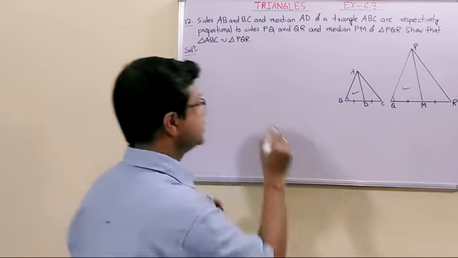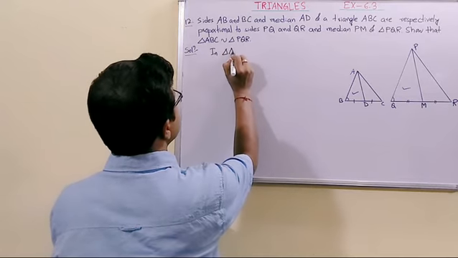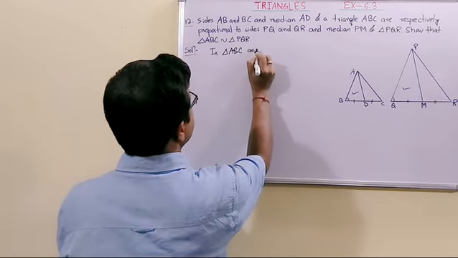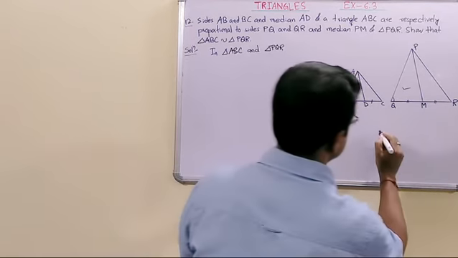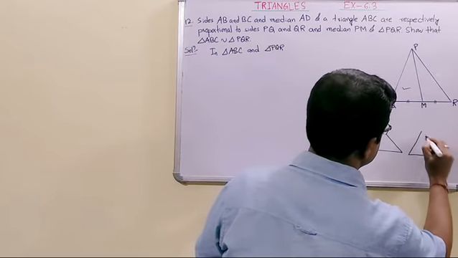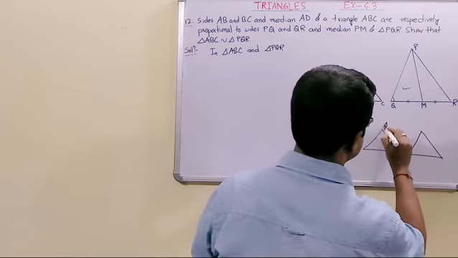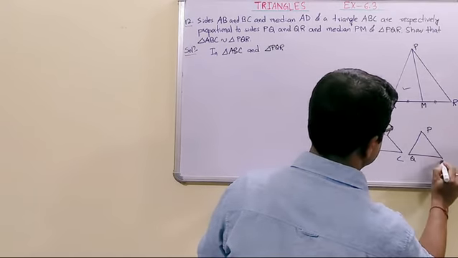So let us write it here. Now students, let us write in triangle ABC and triangle PQR. Let us draw these two triangles here. These are the rough diagrams of ABC and PQR.